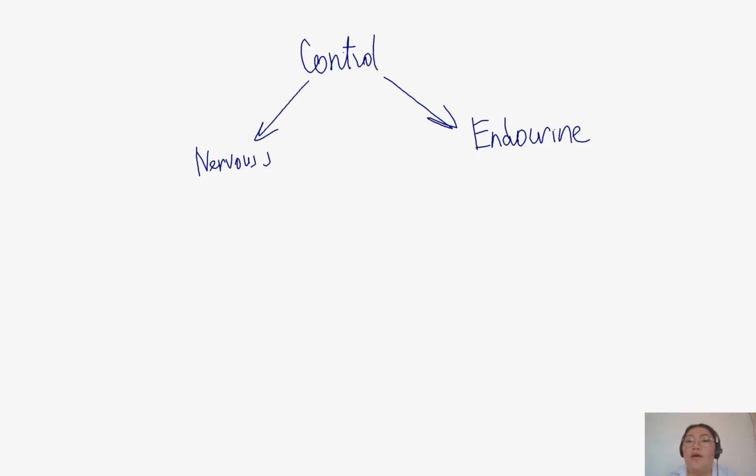That's how we can control it. We have a lot of similarities and differences between them. But the first difference is that the hormone is the tool for the endocrine system. For the nervous system it is just the nerve signal.